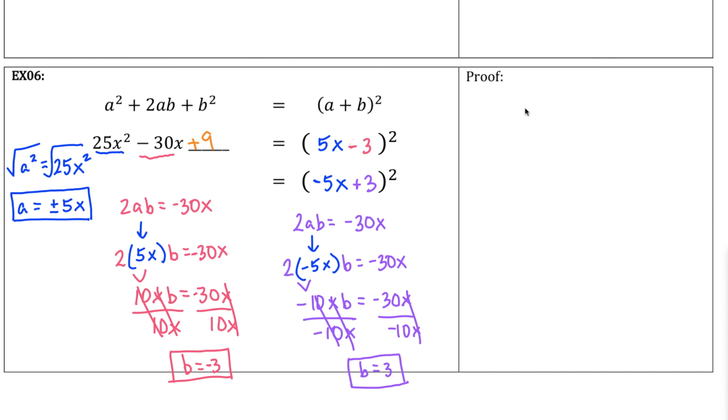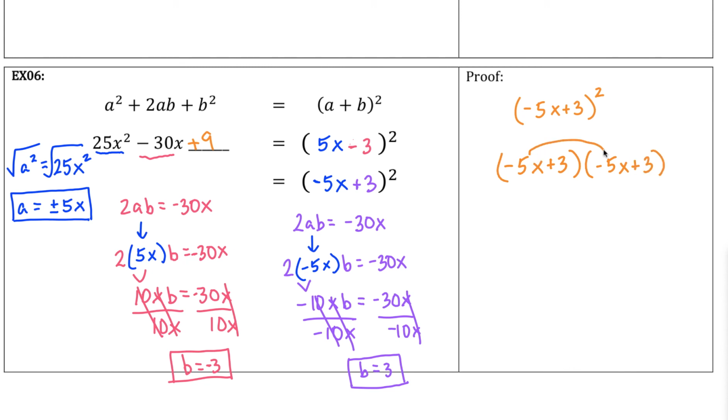So negative 5x plus 3 squared. I want to prove that this is a perfect square. I want to prove that I can rewrite it as this right here. I always forget I need room. Negative 5x plus 3 times negative 5x plus 3.